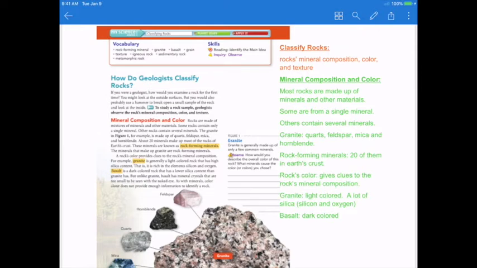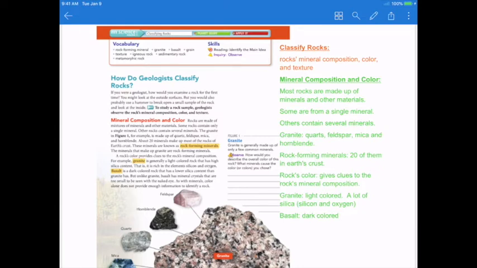So most rocks are made up of minerals and other materials. They could be made up of one mineral. They could be made up of several minerals, or they can be made up of minerals and other rocks. So a couple other things.